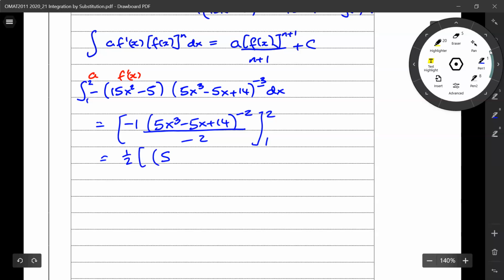and I'll write 5 minus 5 plus 14 to the power of minus 2 minus 5 minus 5 plus 14 to the minus 2. So I'm going to put those in here.